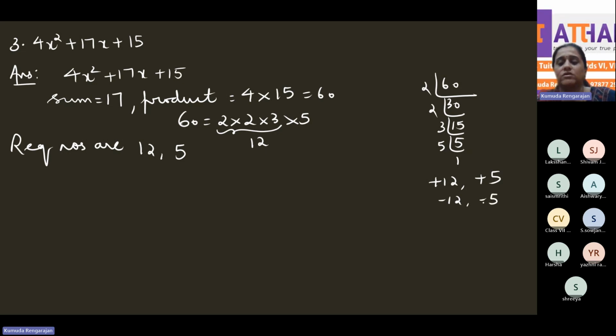minus 5, or minus 12 and plus 5, plus 12 and minus 5. So see, Surya, which one will work? The product is plus 60 and the sum is plus 17.